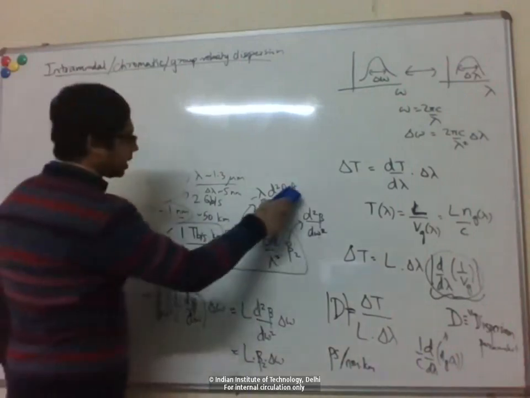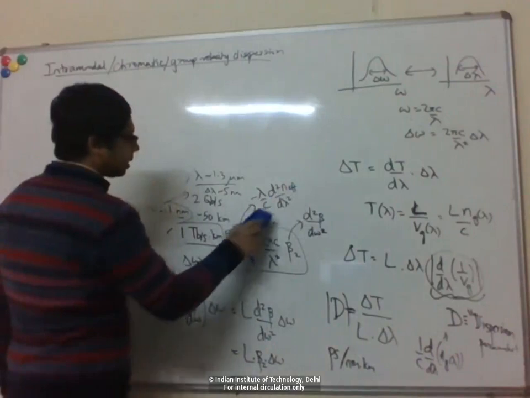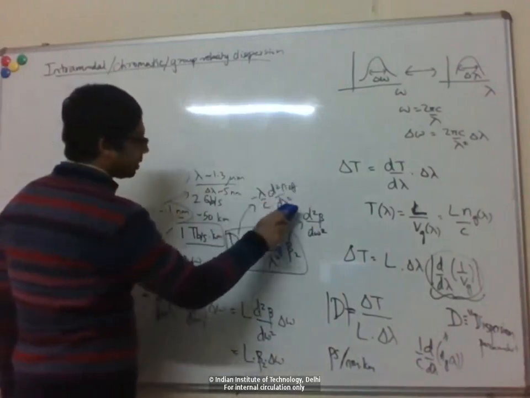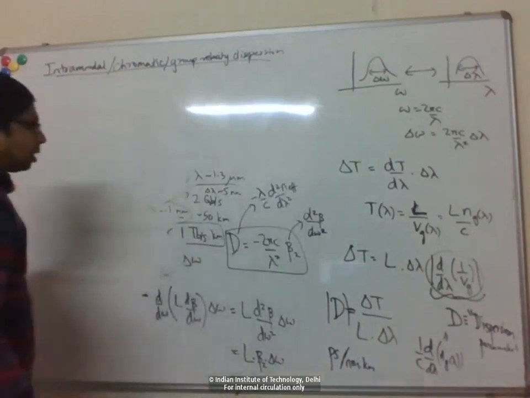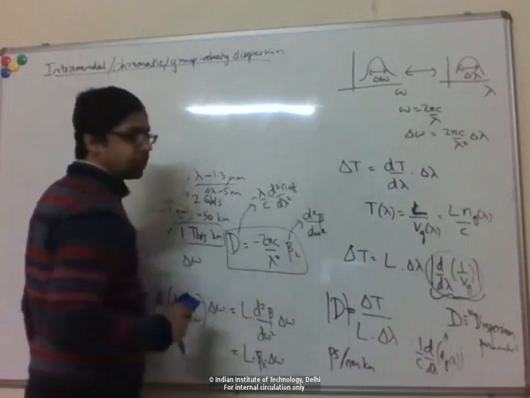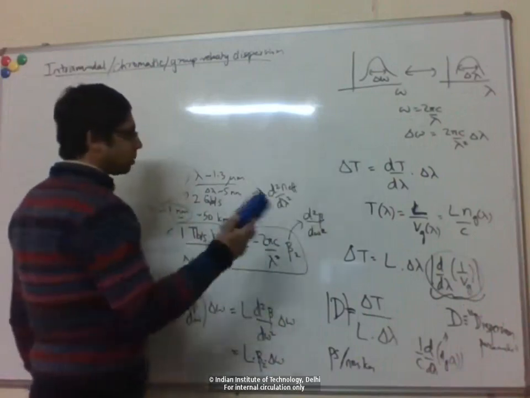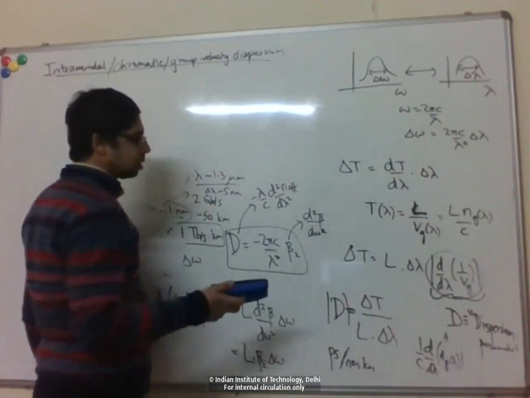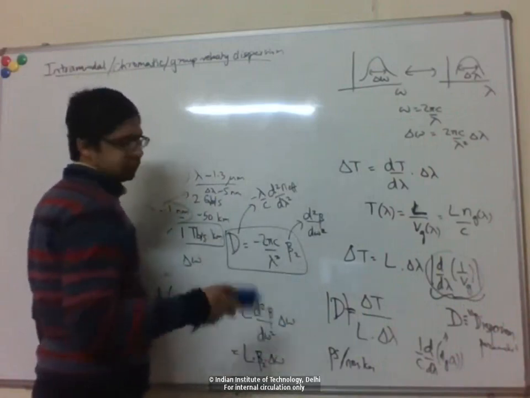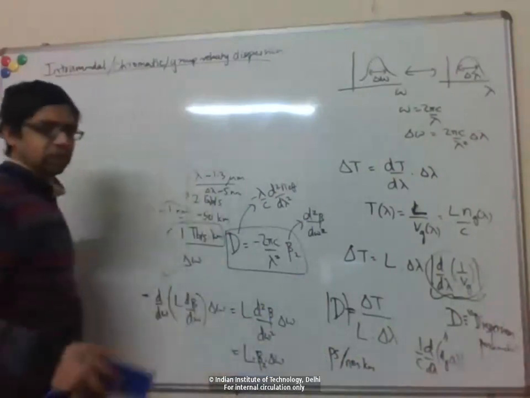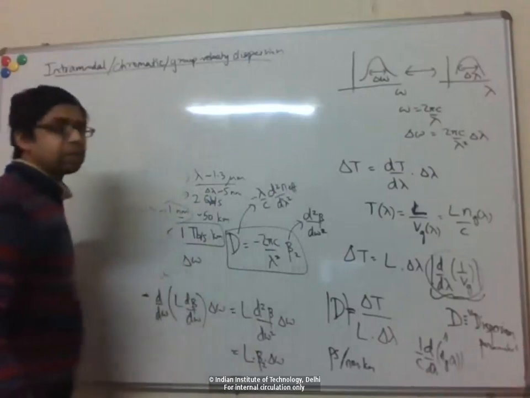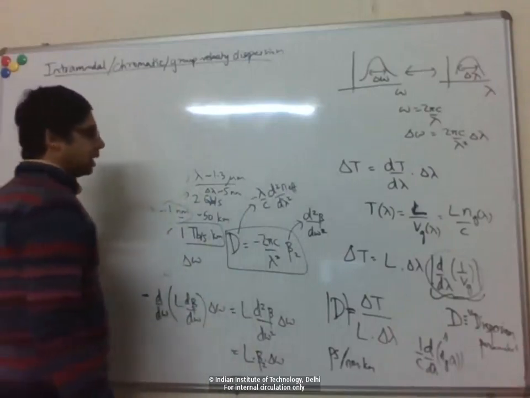Here you can see that this parameter depends on the derivative of this index with wavelength, and this N effective we saw lies between the core and cladding index. If the material's refractive index depends on wavelength, which every material's refractive index does, then there will be a dispersion from the material itself.